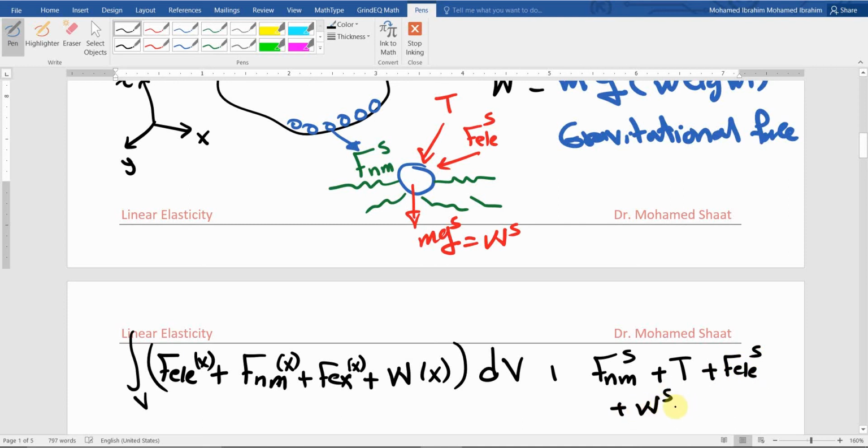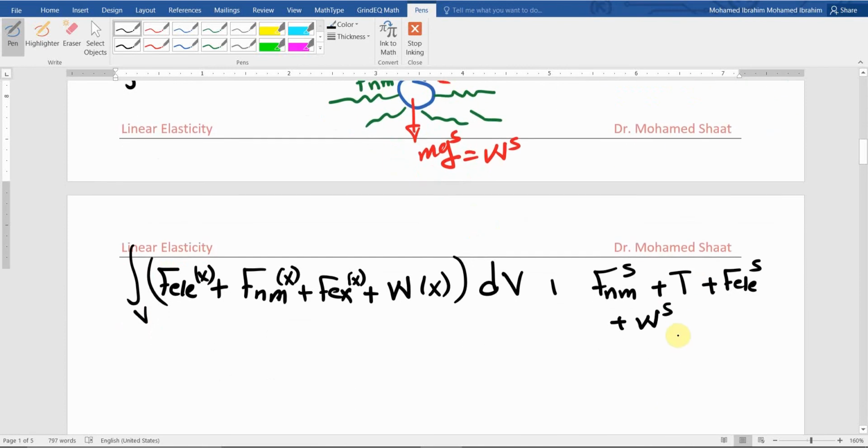Make sense? All of these forces act on a particle located over the surface at point X that belongs to the continuum. This is at point X, this is at point X, this is at point X. But remember that all of these forces are acting over the surface.